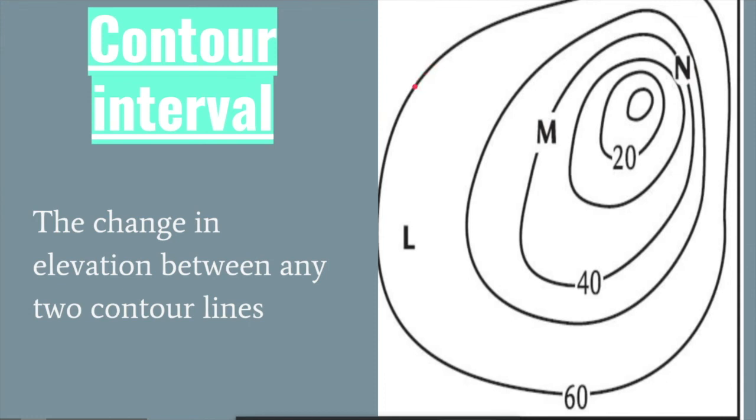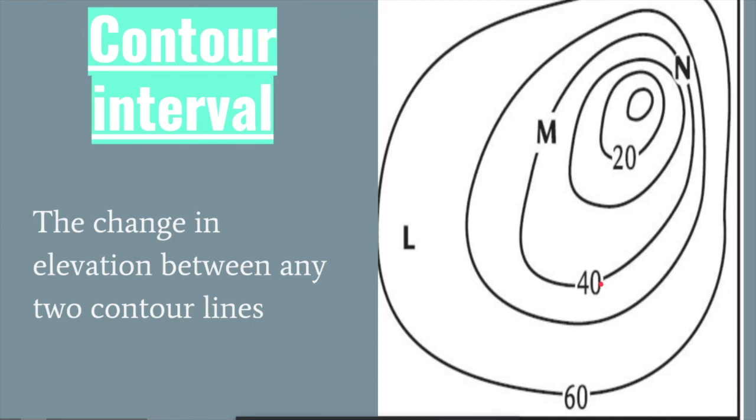These black lines are the contour lines, and the elevation of this contour line is 60. The next contour line is 40.